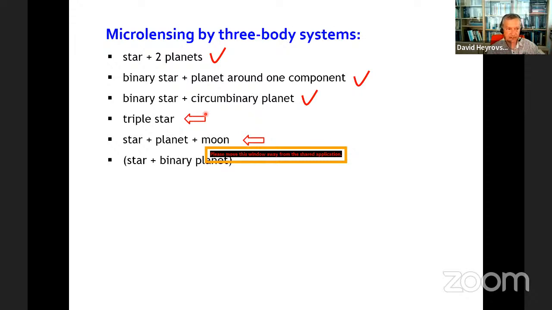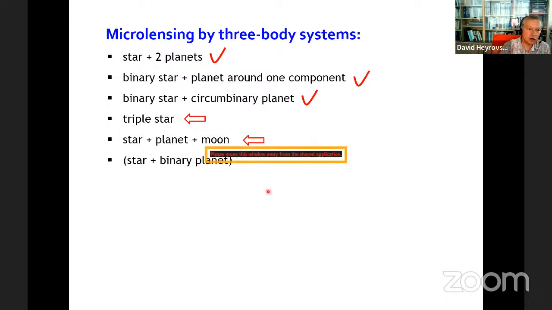If they are further than that, you would not see the effect of the further object compared to the closer objects. So you would really have to have something like a close binary star with another companion, which just is projected to a distance that is closer than a few AU along the line of sight. So it's quite possible that a star plus planet plus moon system would be observed sooner than a triple star system.